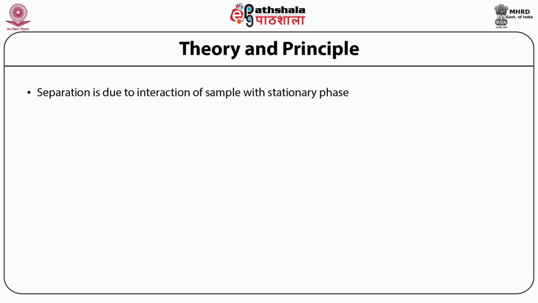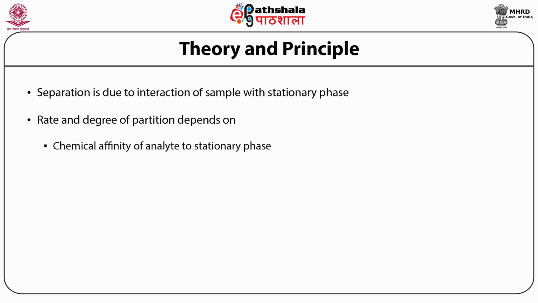This separation occurs in the gas chromatography columns, which we will study later in this module. The rate and degree of partition of sample components depends on the chemical affinity of the analyte towards the stationary phase and analyte vapor pressure, which in turn is governed by column temperature.